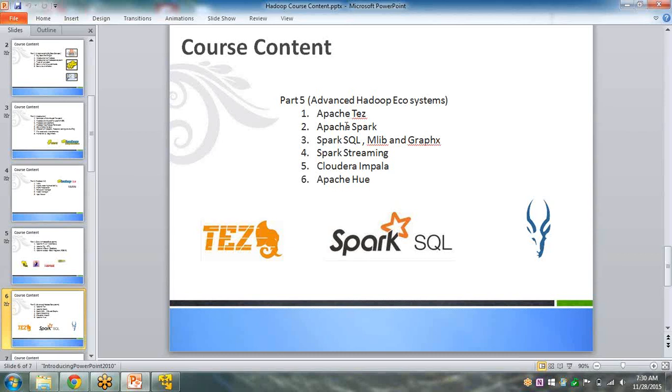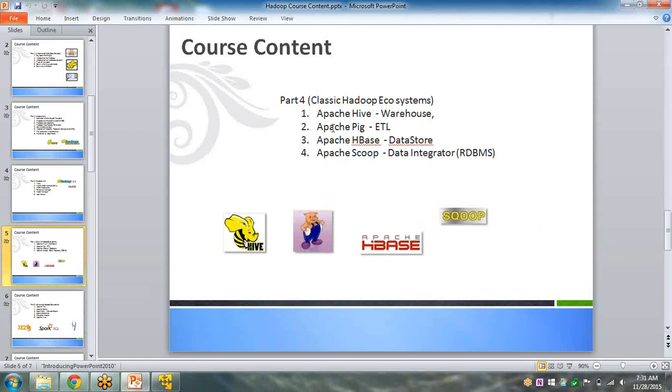Tez will have its own semantics. Spark will have its own semantics, rather than you having to understand how Spark was developed. That is not important for us. That effort is going on, and as a result none of the packages demand Java skills at all. Each one has its own syntactical flavor. If you understand that part, we are good.